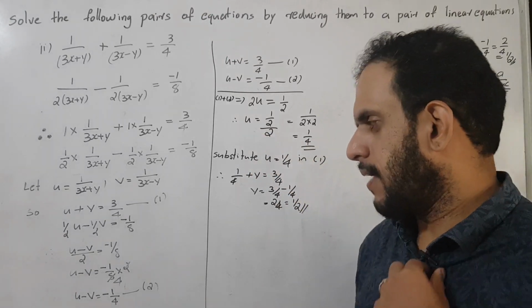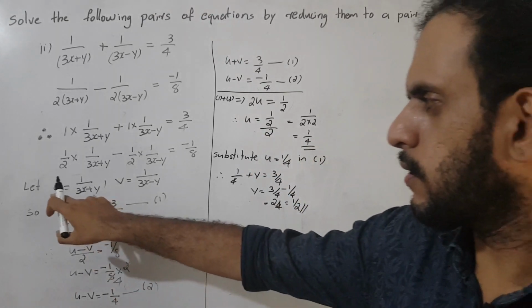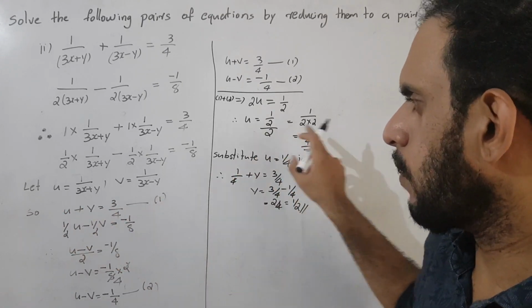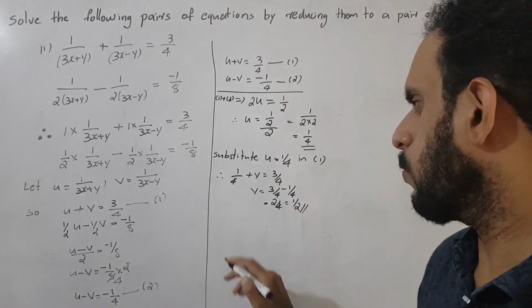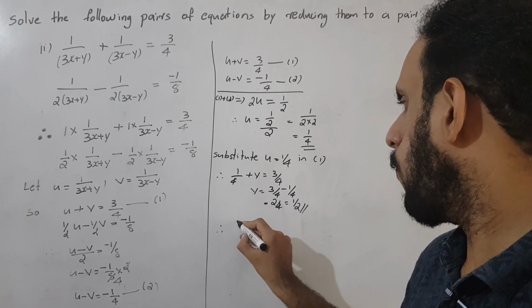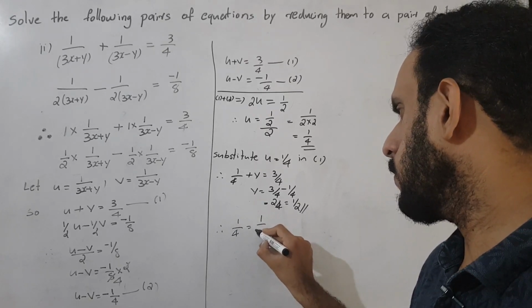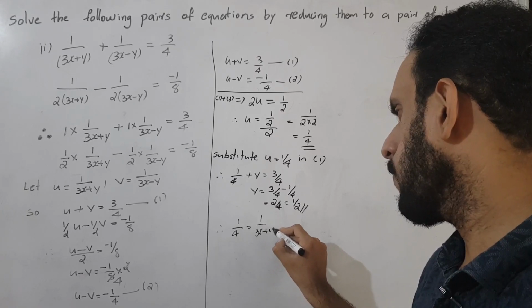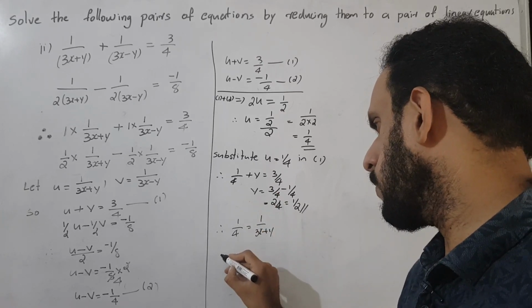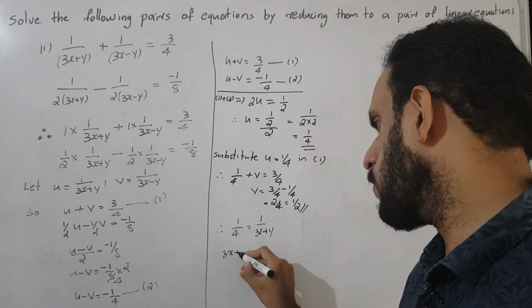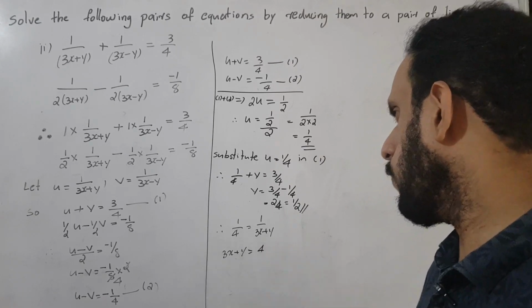Then as usual, what is next? Next we substitute 1 by 4 instead of u and 1 by 2 instead of v. Therefore 1 by 4 is equal to 1 by 3x plus y. Then cross multiplication, 3x plus y is equal to 4.